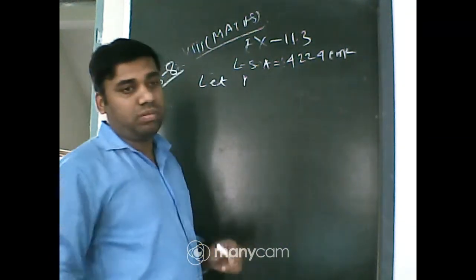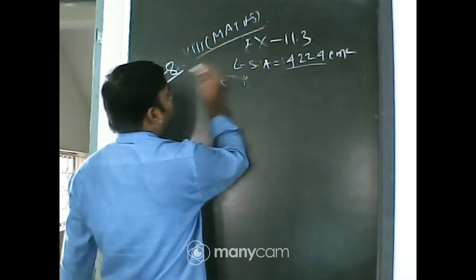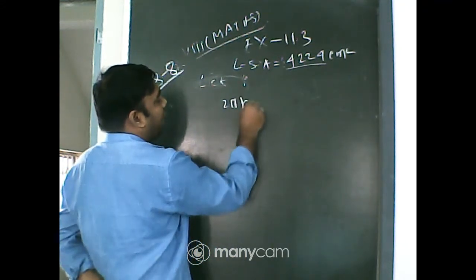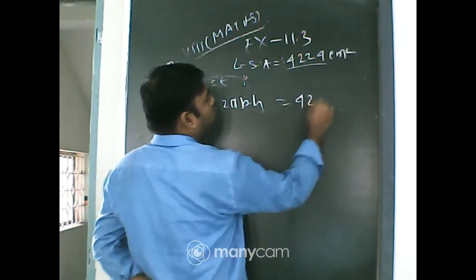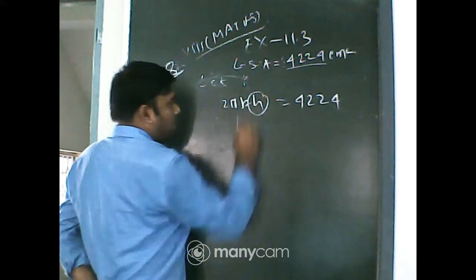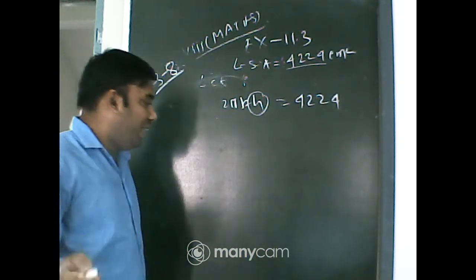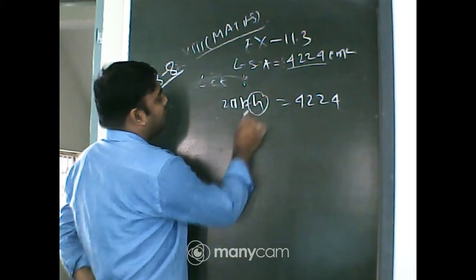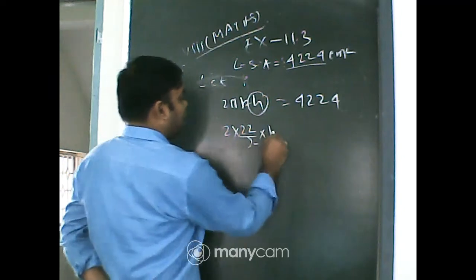Now what is the lateral surface area? That is the formula, 2 pi r h. It is given 4224. We have identified that h is 33. So 2 into 22 by 7 into r into 33.